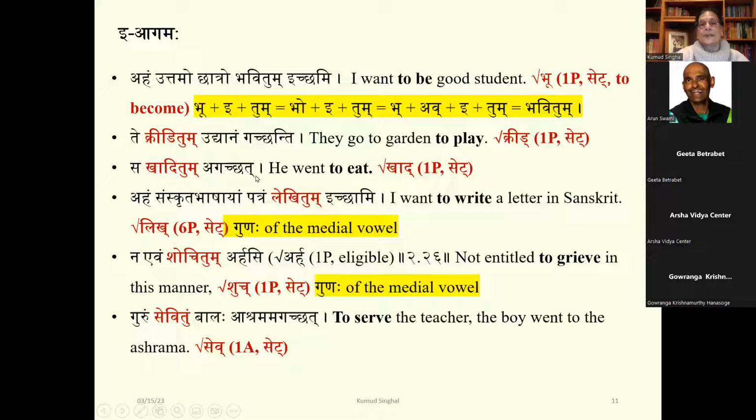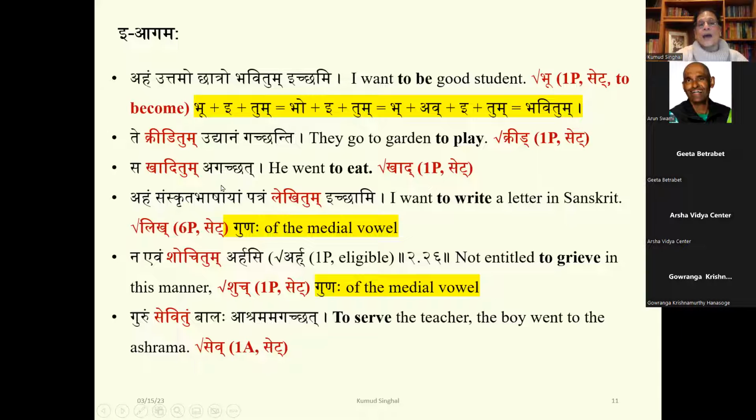He went to eat. Khad is again a set dhatu. So khad plus e plus tum becomes khaditum. Aham Sanskrita bhashayam patram lekhitum ichchami. I want to write a letter in Sanskrit.